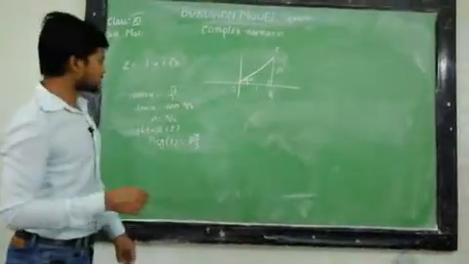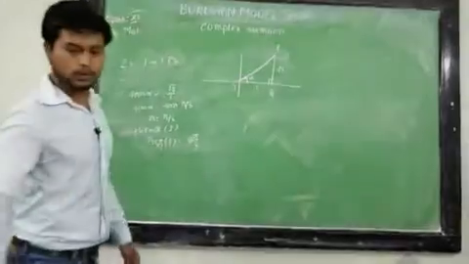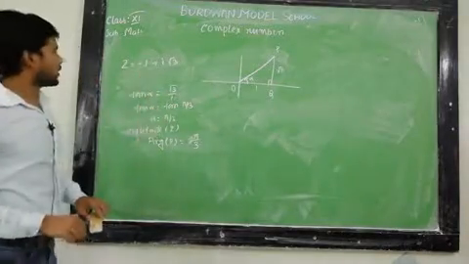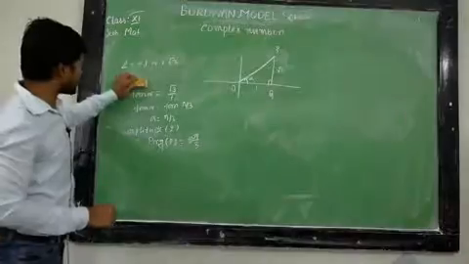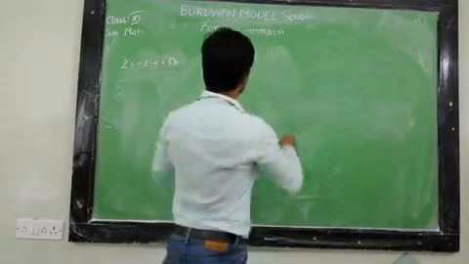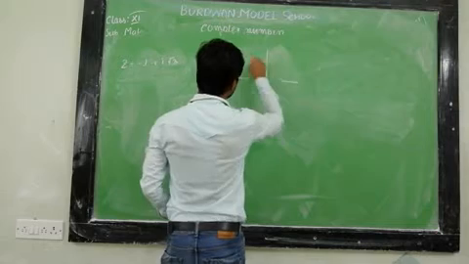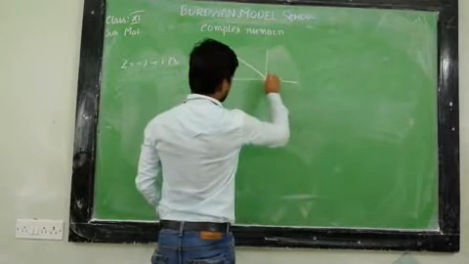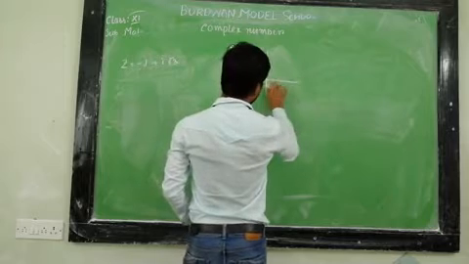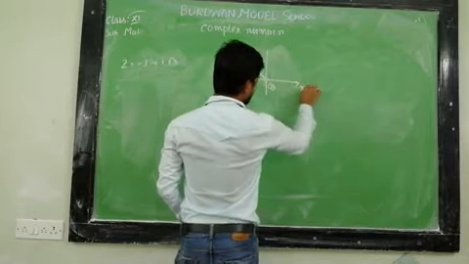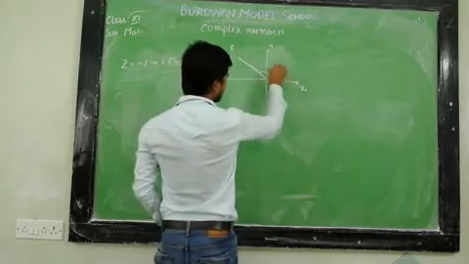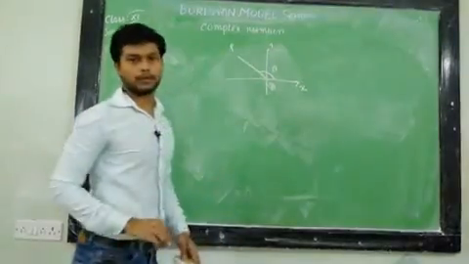Okay, so if I consider another number, suppose -1 + i√3, the point lies in the second quadrant. Here this is the point P, this is the point Q, this is O, this is the positive direction of the x-axis, and this is y. So this will be the argument or amplitude of the given number.